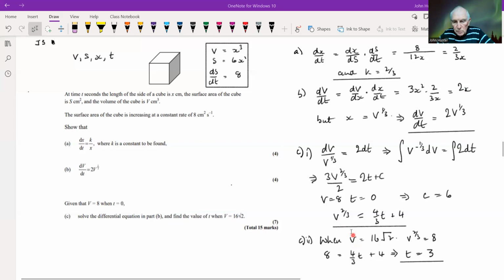All we're doing is substituting 16√2 in for v, so v to the power of 2/3 is going to be 8, and then we just apply 8 equals 4 over 3 t plus 4, and that works out to t equals 3.